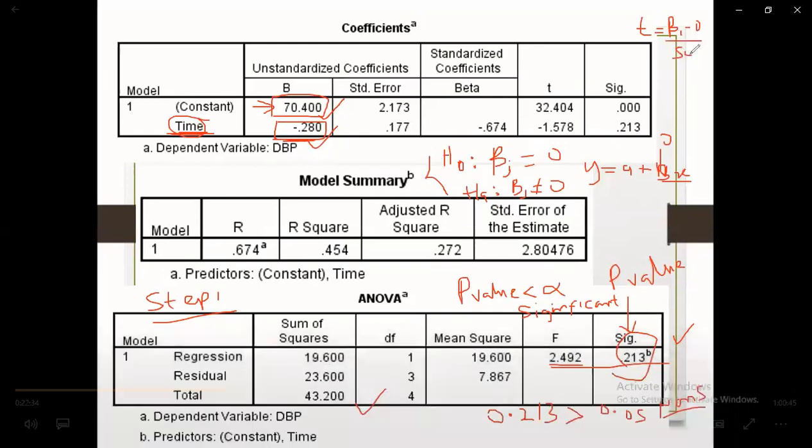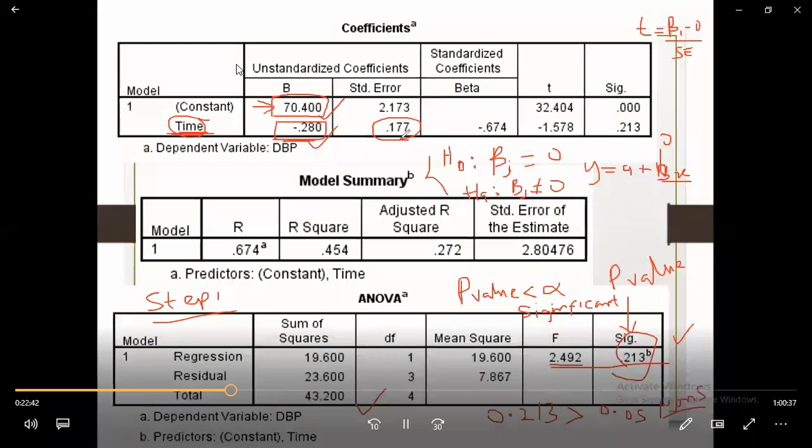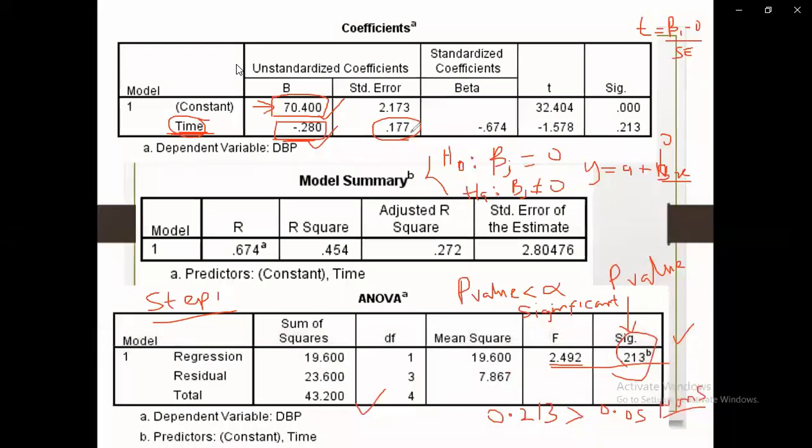The standard error of estimate here is 1.77. Once you do the computation, minus 0.28 divided by 1.77 gives you negative 1.578. That is how you get your t statistic.